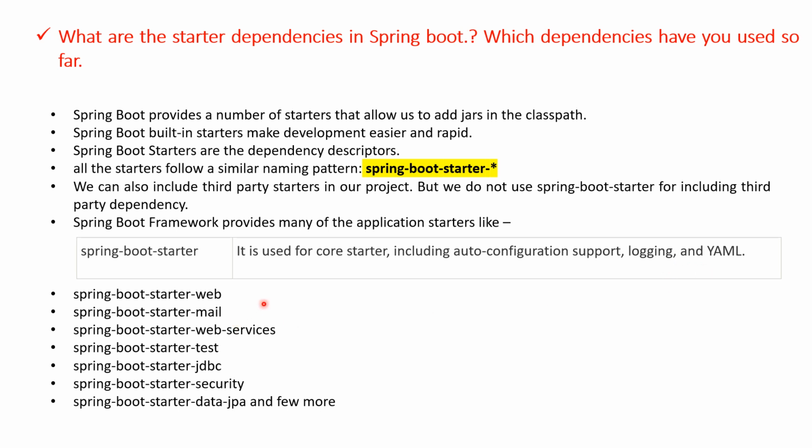And many more are there, like spring-boot-starter-web for web applications, mail for sending mails, web services, and testing with JUnit and Mockito, right? Also JDBC connection, security for including security in your Spring Boot application, and data JPA when we are dealing with JPA, and a few more. We should be a little aware of these.